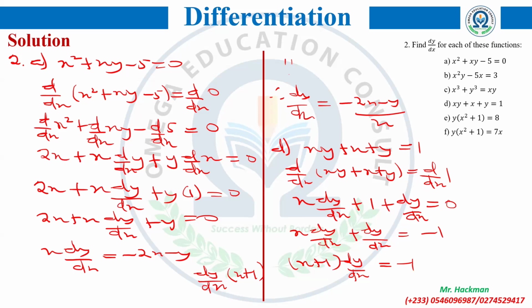So if you get the 1, you can see that if you factor out dy/dx, there will be 1 here. If you have x squared plus x and you factorize, what do you get? x will come out and you get x plus 1.